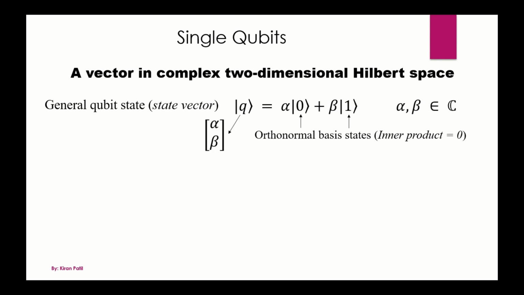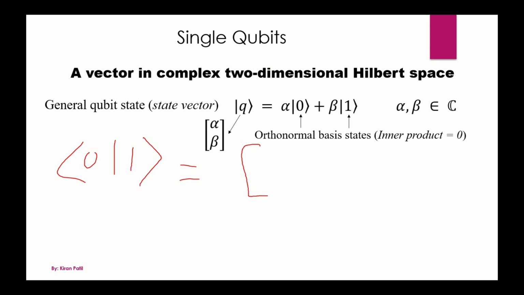We have seen in previous lectures that the inner product of 0 and 1 is 0. Suppose we take the inner product of 0 and 1. We have solved this problem.